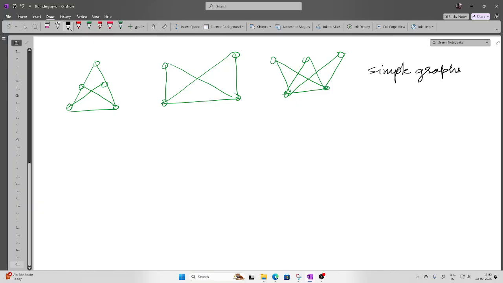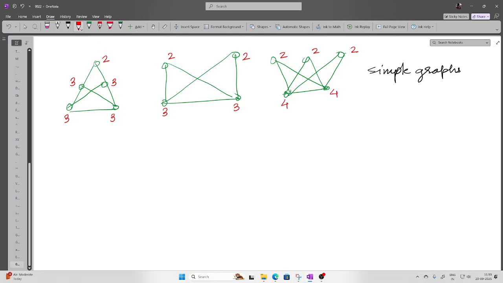Now, if one evaluates the degree for all the graphs, then here this vertex is of degree 2, this is having degree 3, this is having degree 3, this is having degree 3, and this is having degree 3. Likewise, for the second graph, this is 2 degree, this is 3, 3, and 2. This one is 2, 2, 2, and 1, 2, 3, 4. So this is 4, and this is also 4.